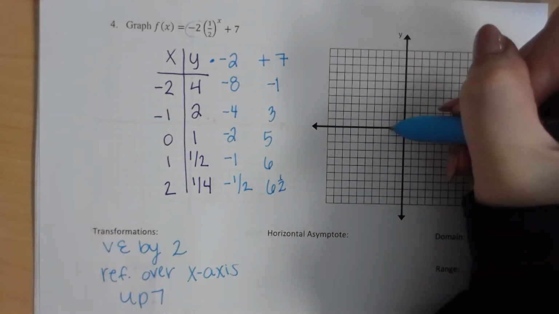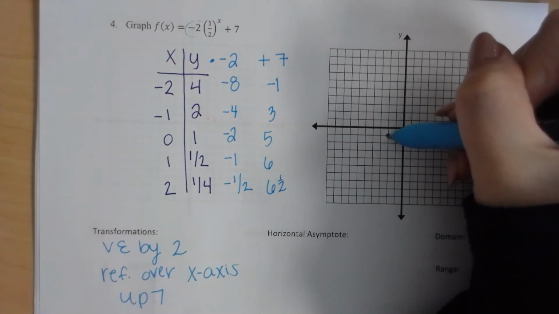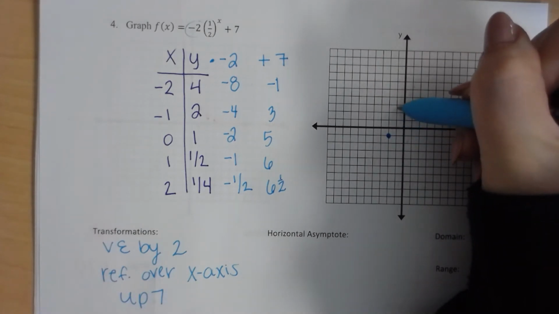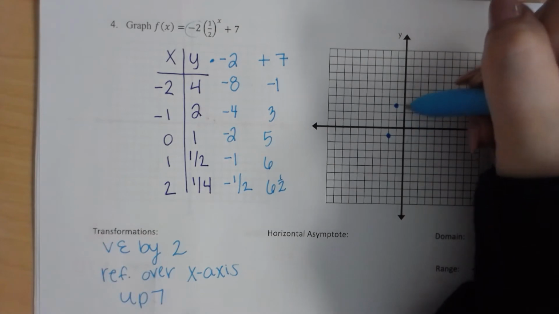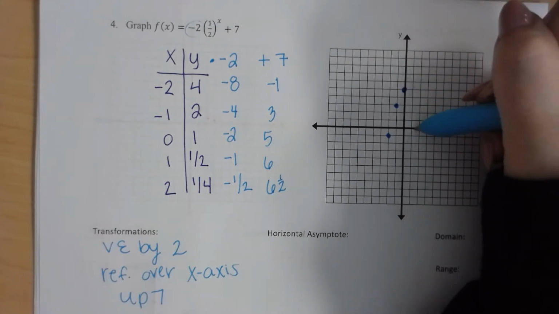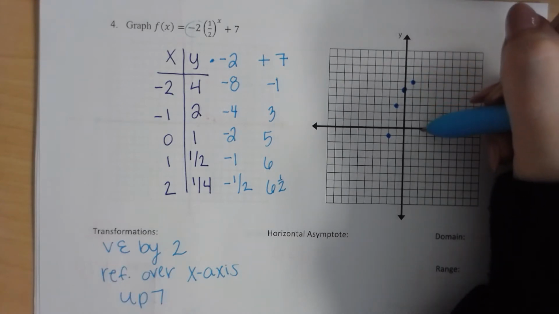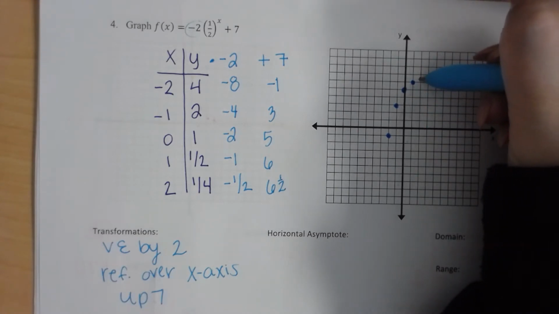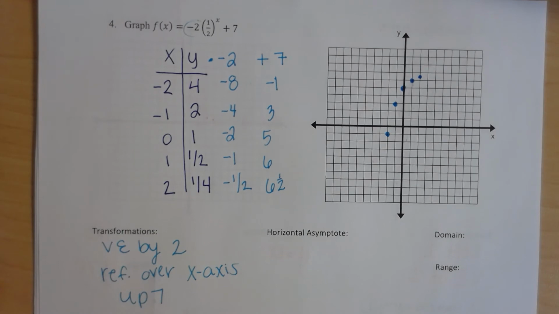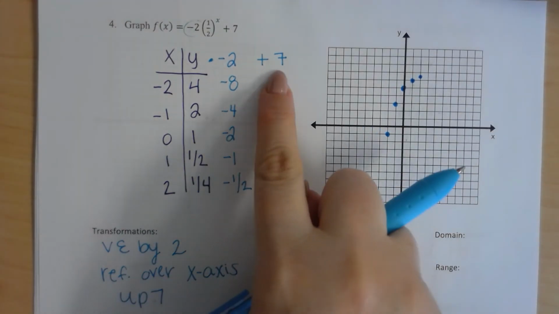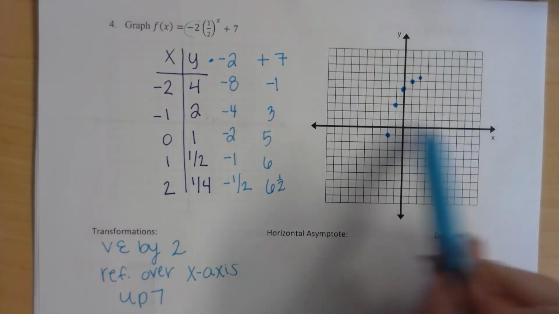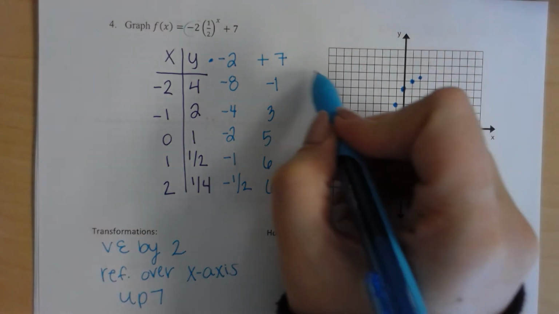So -2, -1, -1, 3, 0, 5, 1, 6, 2, 6.5. Okay, so because it got shifted up 7, instead of being at 0, it got shifted up to 7.